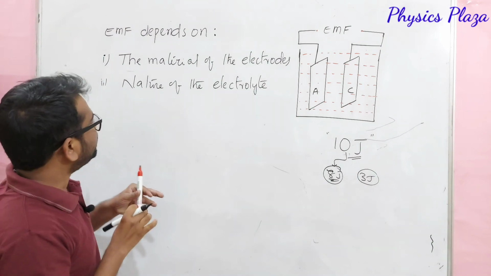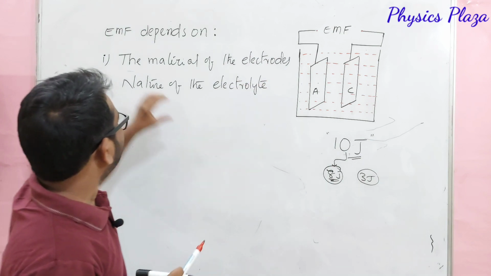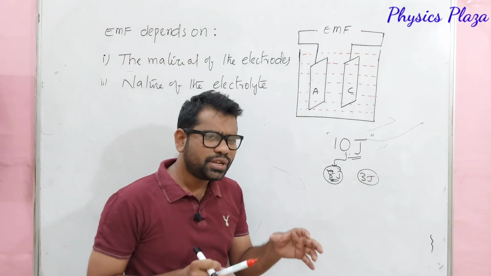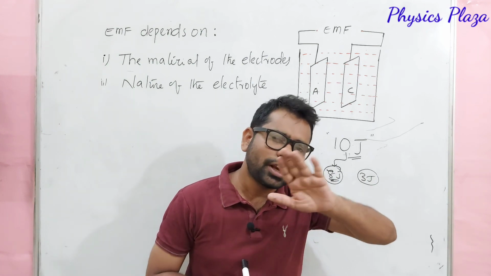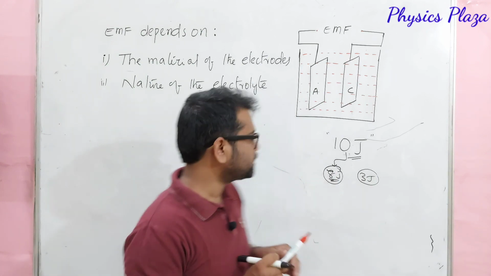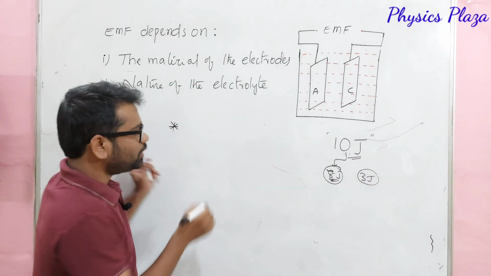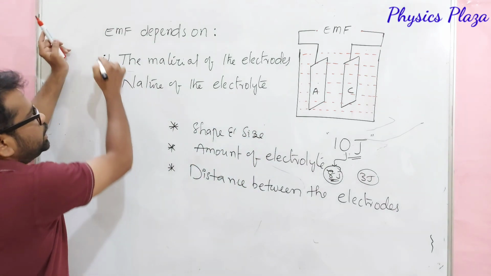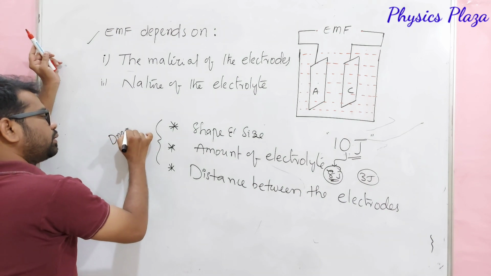EMF depends on the material of the electrodes and also on the nature of the electrolyte. But dear children, do you think it depends on the shape and size of the electrodes? No, it is not that. Look here. A very important thing is that it does not depend on the distance between the electrodes. So, there are factors on which it depends and factors on which it does not depend.